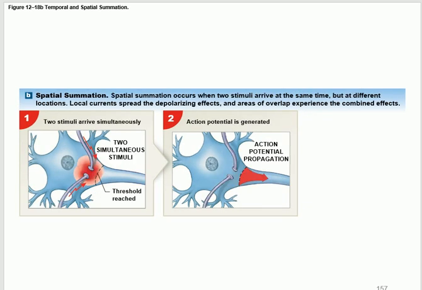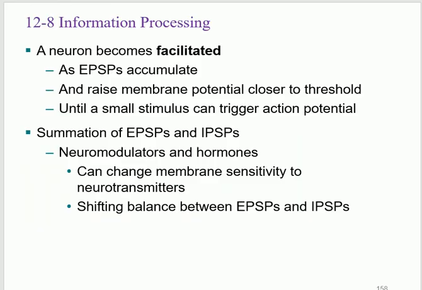Look at this. This is more than one at the same time. This is spatial summation. So adding up excitatory and inhibitory, it will result in either excitation or inhibition. But we call it facilitation or inhibition if you're adding those up, depending on which one is more.